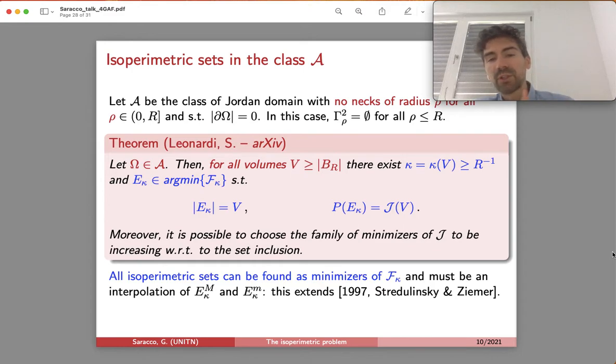And then you can actually choose the family of minimizers to be increasing with respect to set inclusion.